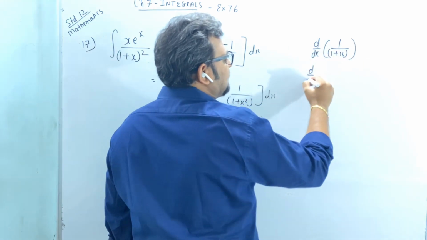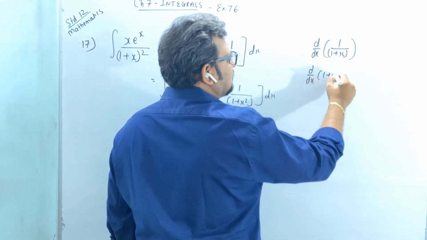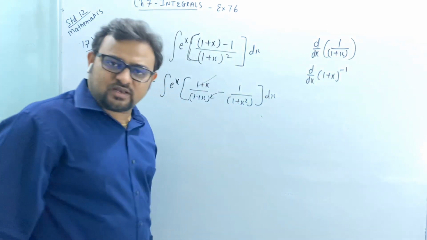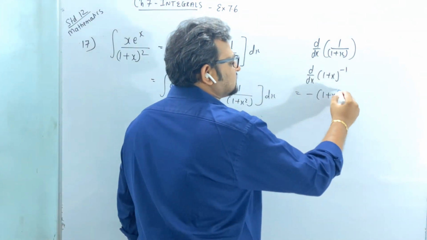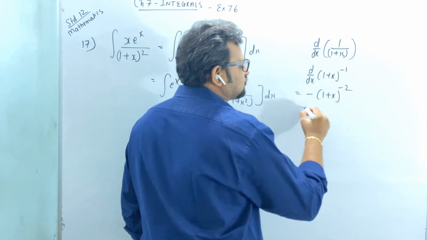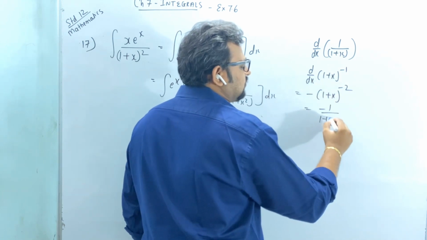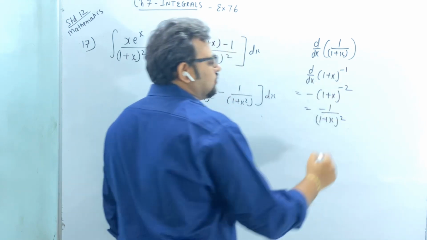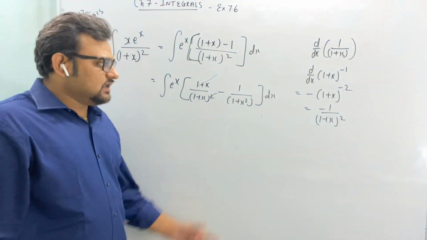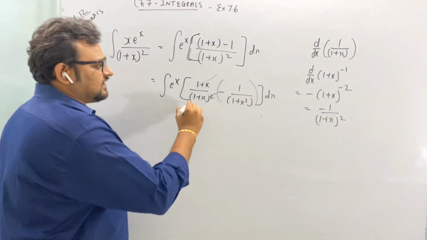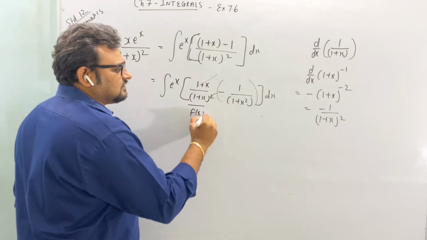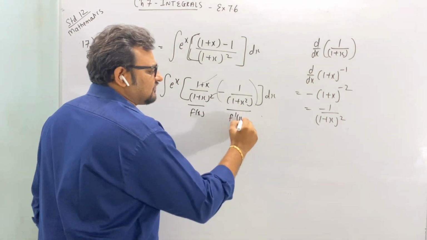D by dx of it will be minus 1 upon (1 plus x) whole square. So see, if I take this as f(x), this will be f'(x).